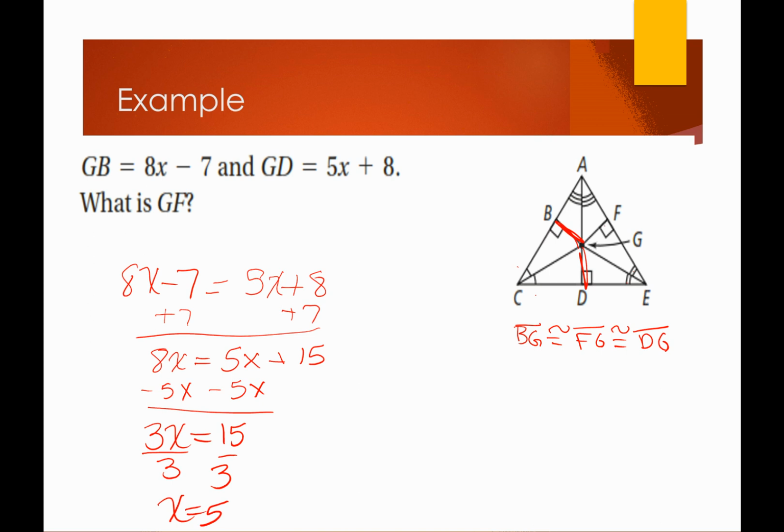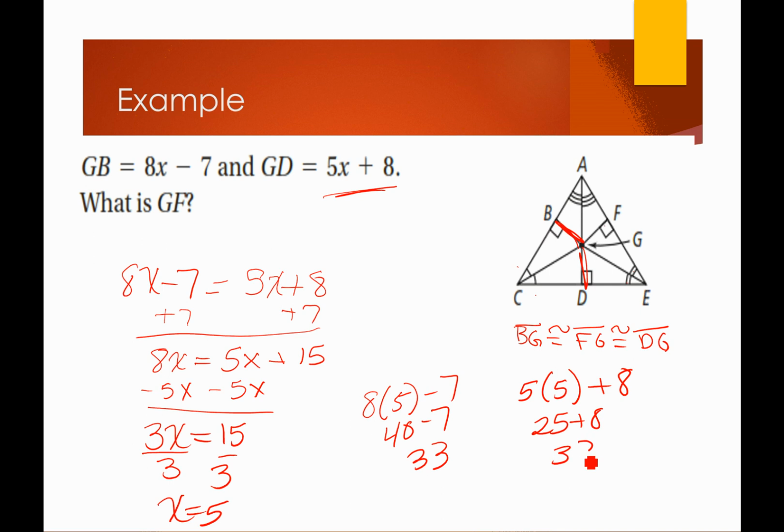Now we can use it to double check. 8 times 5 minus 7 is 40 minus 7, which is 33. Or if we put it into the other, 5x plus 8, it should still be the same. So just a quick way to check that you've done this correctly. 5 times 5 plus 8 is 25 plus 8, which is again 33. So GF is going to be 33.